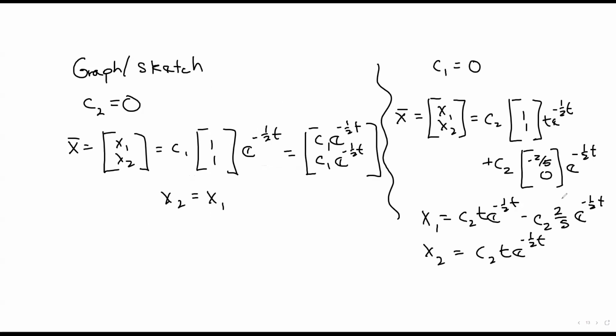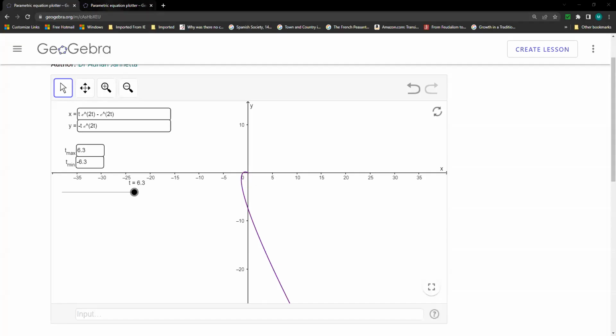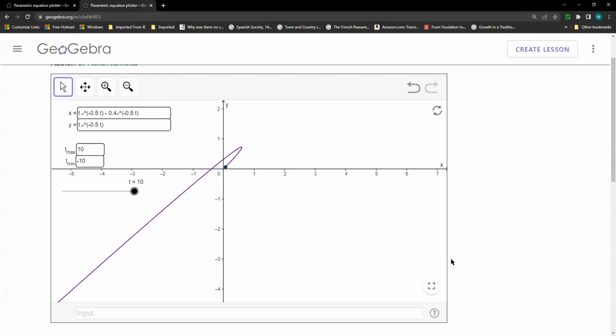Okay, and then for the second solution, we're going to go ahead and take our parametric equation here, and we're going to pop it into a parametric plotter. And I've already set that up. It looks like this. Okay, so we've got t e to the negative 1/2 t minus 2/5 e to the negative 1/2 t, and then t e to the negative 1/2 t.